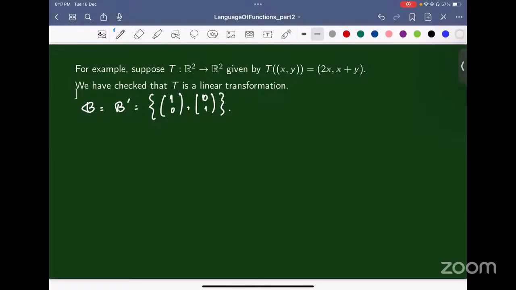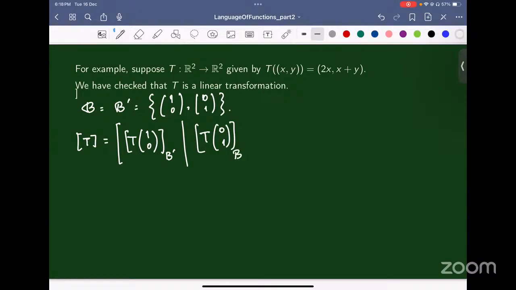In this situation, the matrix of T would be the matrix containing T of (1, 0) expressed in the basis B prime in the first column, and T of (0, 1) expressed in the basis B prime making up the second column.